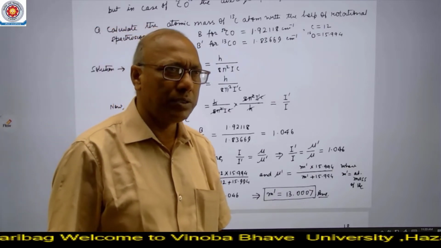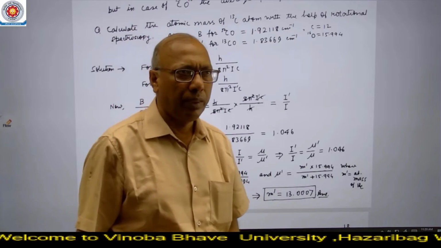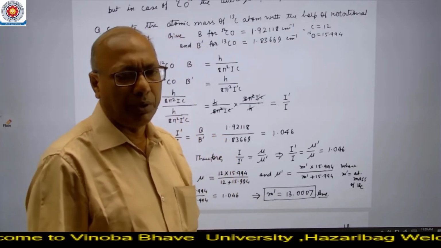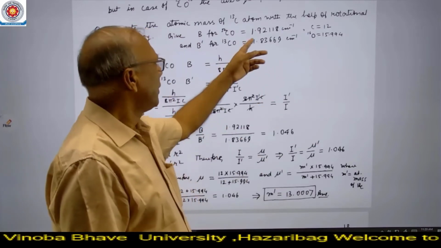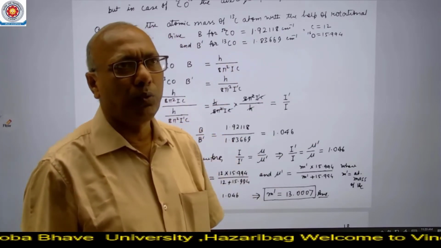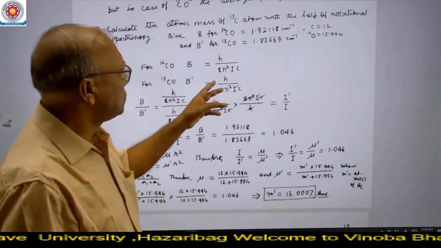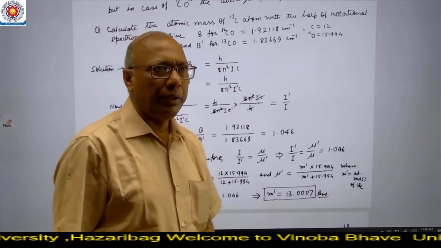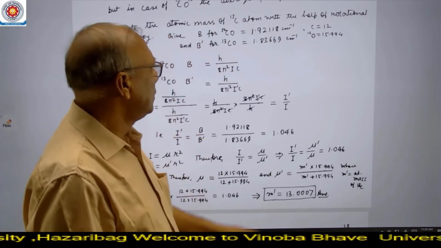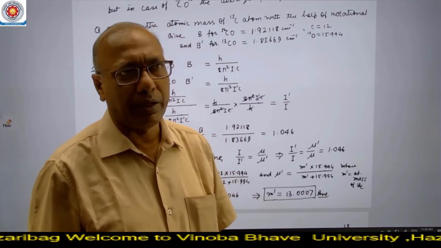And for this we are given the B value, not spacing. Spacing is equal to 2B, but the B value given for the normal CO molecule is 1.9118 per centimeter, and for the substituted C13 atom in the carbon monoxide molecule, the B value is given as 1.83669 per centimeter.